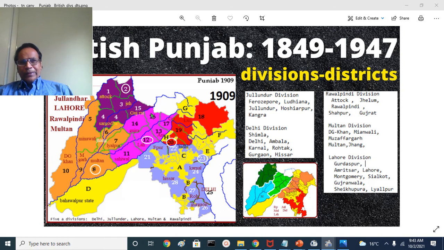He was the first founder of the concept of Pakistan in 1935. And that's about the Lahore division: Gurdaspur, Amritsar, Lahore, Sahiwal, Montgomery, Lyallpur, that is Faisalabad, Gujranwala, Nankana Sahib, Sheikhupura and Sialkot.